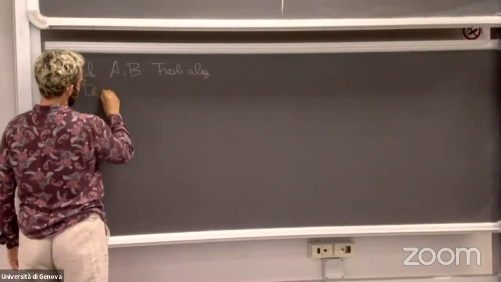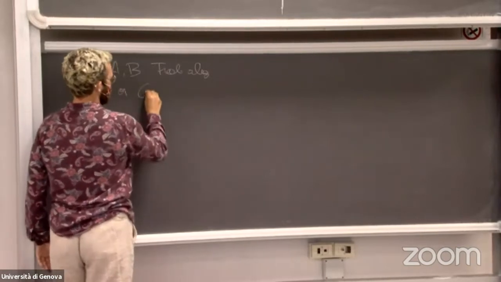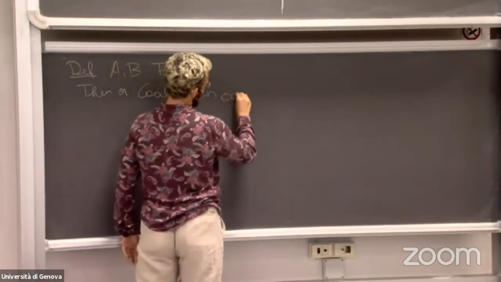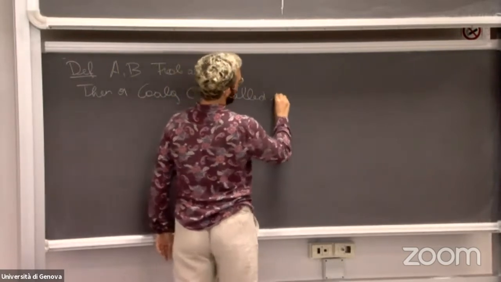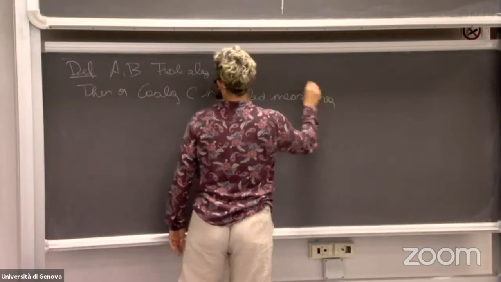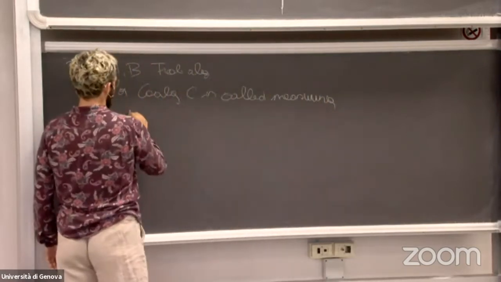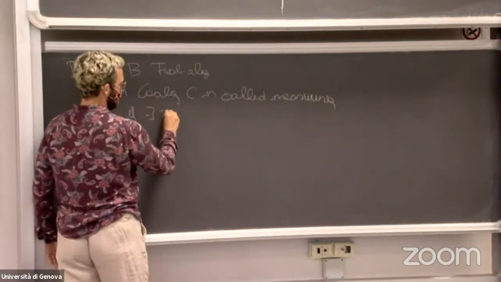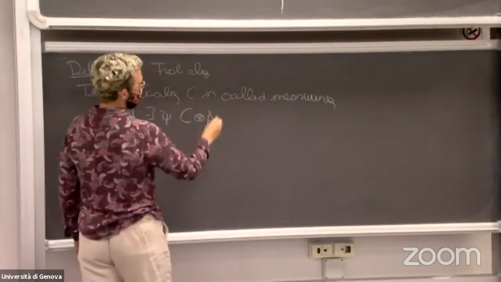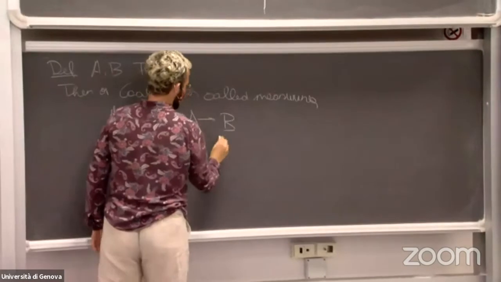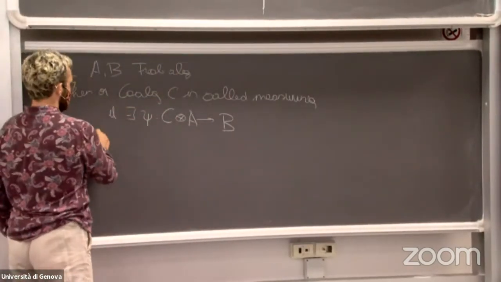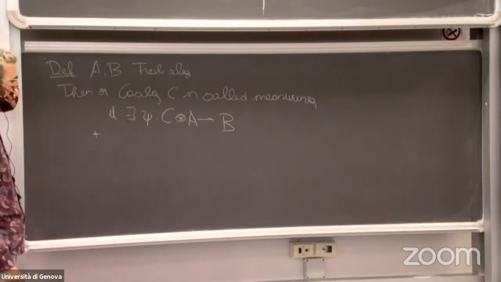Then a coalgebra C is called a measuring, we say measuring from A to B, if there's a map phi that does simulate what I tried to explain to you, and there are conditions, of course, respecting the Frobenius structure.